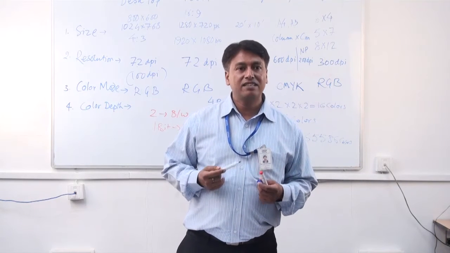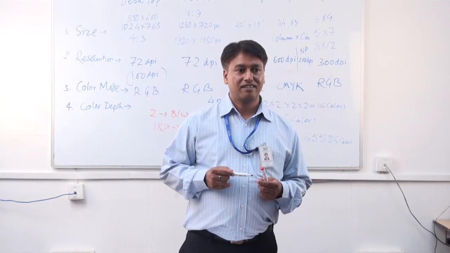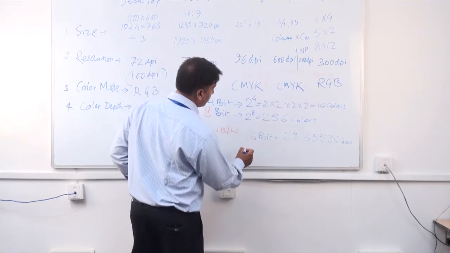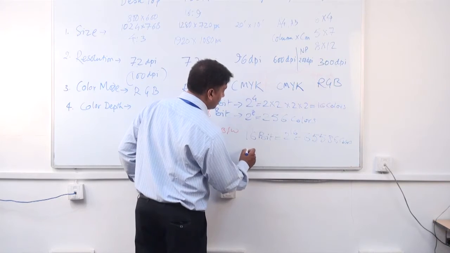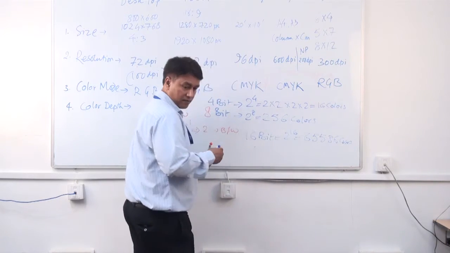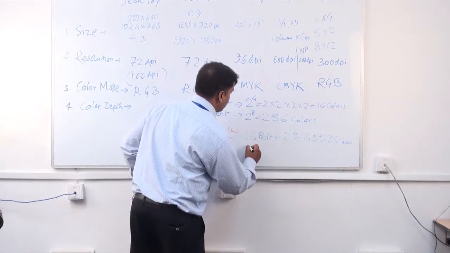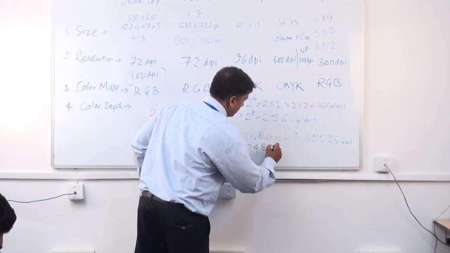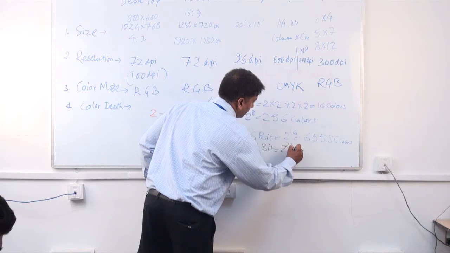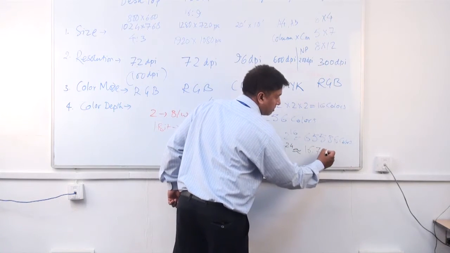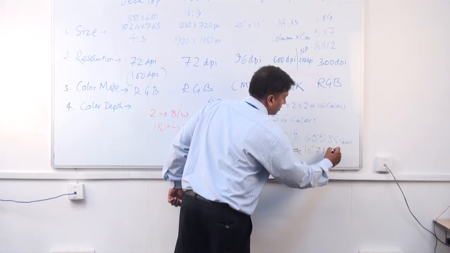How many colors can we see then? 16 million colors, and 16 million colors is 24-bit. 2 to the power 24, when we calculate it, is approximately 16.7 million.